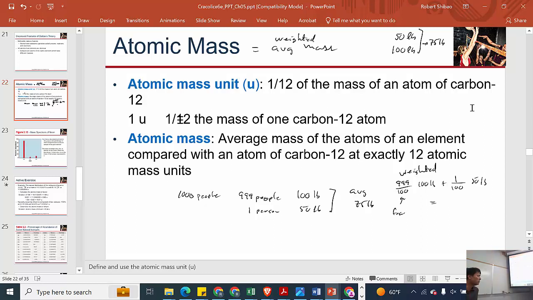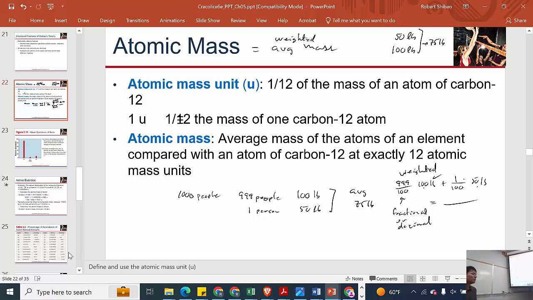So we could use fractional or decimal. We call this the abundance, or the number, times the mass. And so this fraction has this mass, and this fraction has that mass. And what is the weighted average? Well, we just calculate it, and that would give us the weighted average.